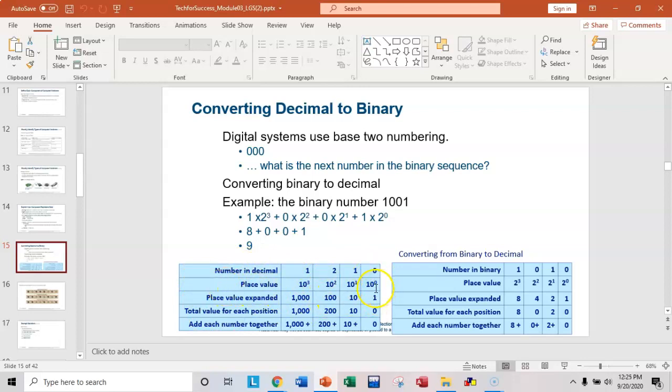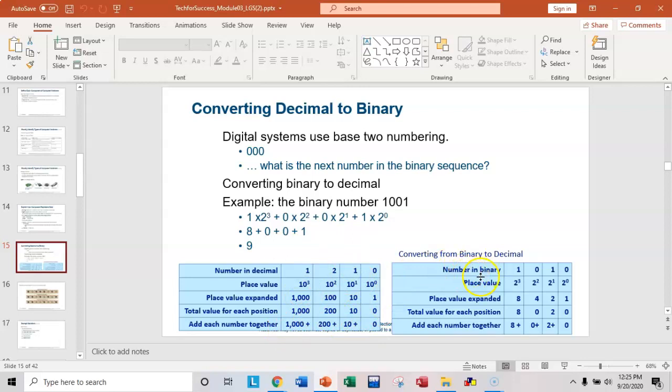The place value is 10 to the 0 power, 10 to the first, second, third, etc. You see the pattern. Then if you expand what the value is, 10 to the 0, any number to the 0 power is always 1, then a 10, then 100, then 1,000. Now take this value and multiply it by what you have here. So that's a 0, a 10, 200, and 1,000. Add them all together and you get your decimal number.